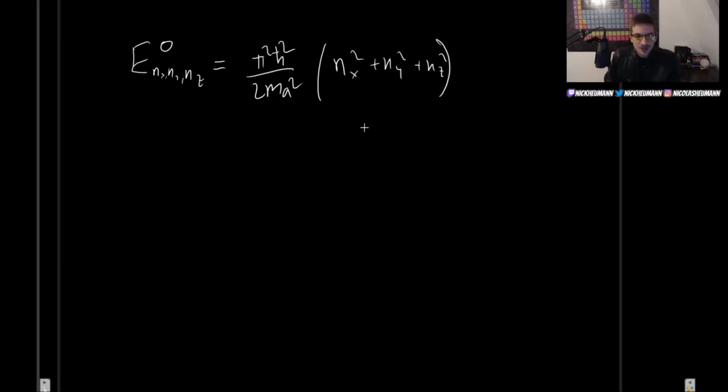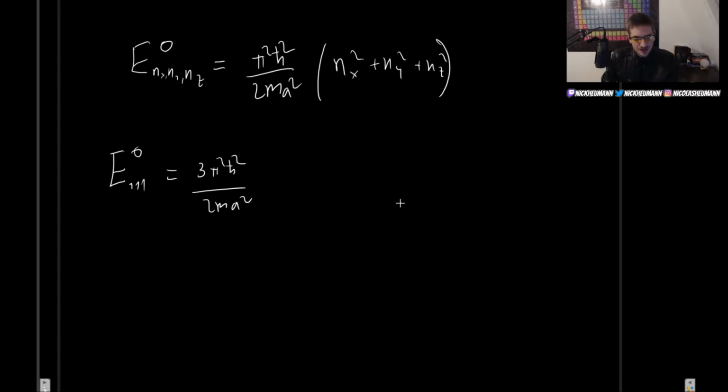All right, so the ground state is the case where nx, ny, and nz are all equal to 1. So we can see that this state is non-degenerate. There's only one state for this energy. And that energy, E_111^0, is going to be 3 pi squared h bar squared over 2ma squared. Okay, so far so good.